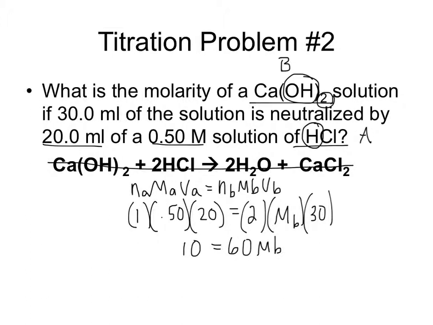We want molarity, so we're going to divide both sides by 60, and that will give me the molarity of the base as 0.17. So your answer basically says that it's going to take 30 milliliters of a 0.17 molar calcium hydroxide solution to completely neutralize the acid in this problem.